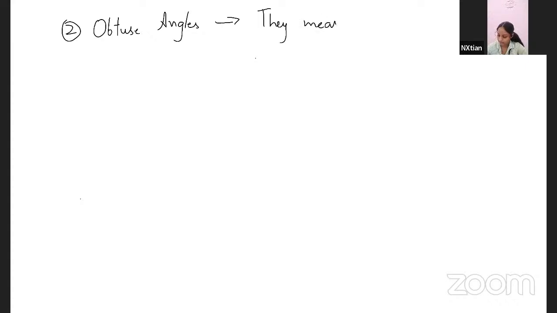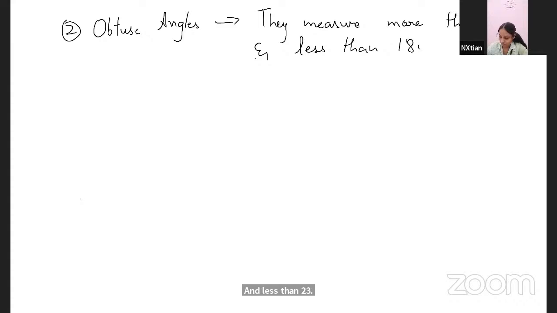Yes, Simeon, that's right. More than 90 degrees and less than 180 degrees. So let's see how they can be made. We will make one angle and see.